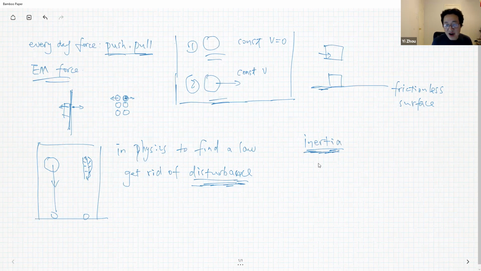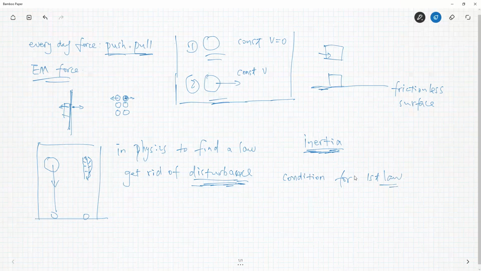So is this law, Newton's first law, always obeyed? Do we need to have some condition? So what is the condition for Newton's first law? No friction? Acceleration?